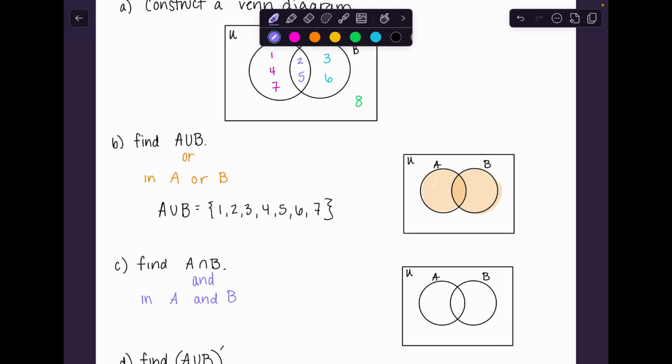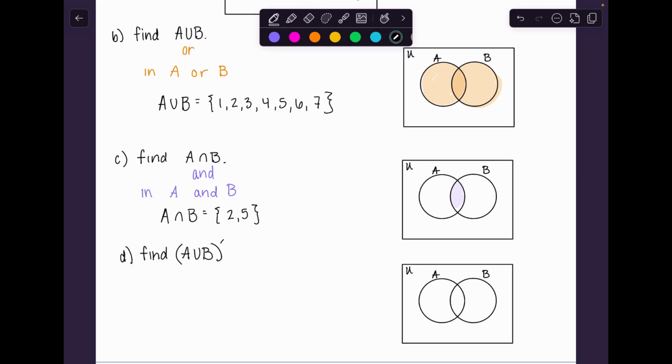As long as it's in one, it's in the or, the union. So in this case, my intersection is just that middle region. Going back up here, that intersection is the numbers 2 and 5. So A intersect B just contains the numbers 2 and 5.